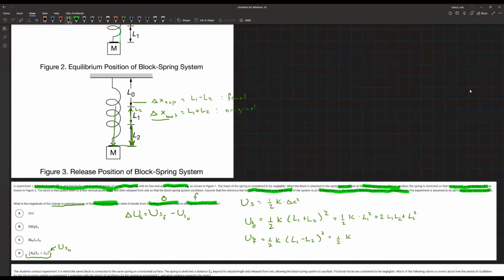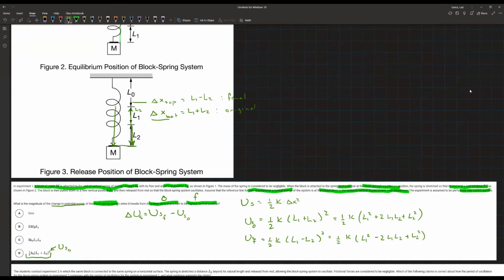It's just the first term squared, plus the product of the intermediate terms doubled, plus the final term squared. Here we have a negative, so we have to be careful. It's going to be L1 squared minus 2 L1 L2, and then the negative L2 gets squared, so that becomes positive L2 squared.